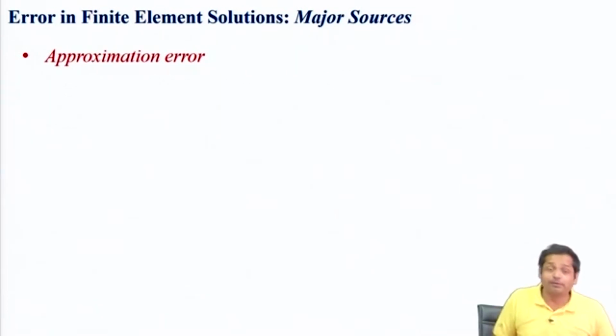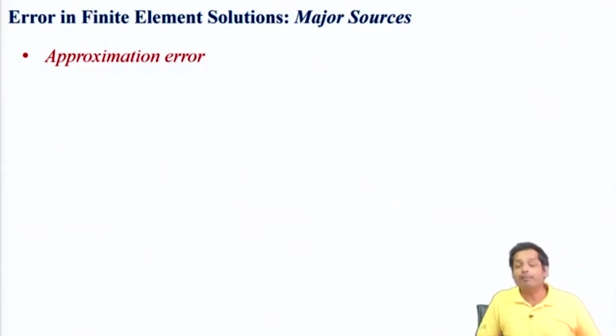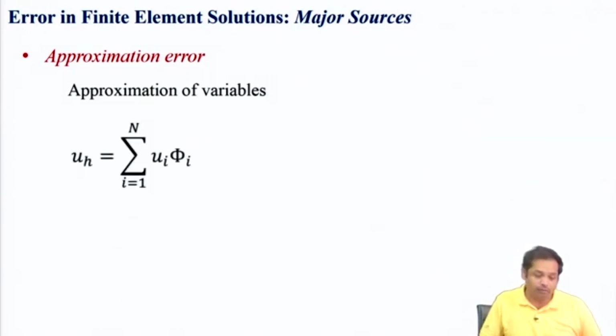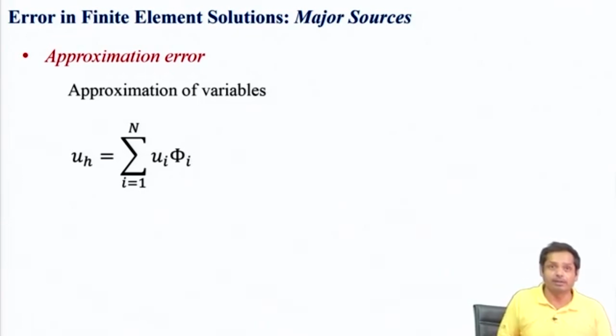Then another source of error, which is important for today's discussion, is the approximation error. We approximate the solution over an element, right? And how do we do this approximation? Suppose u_i are the nodal values and u_h is the finite element solution.